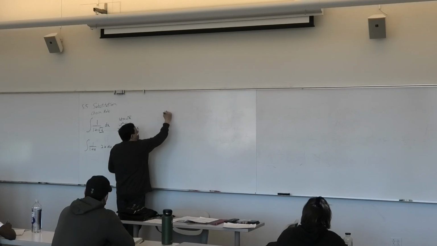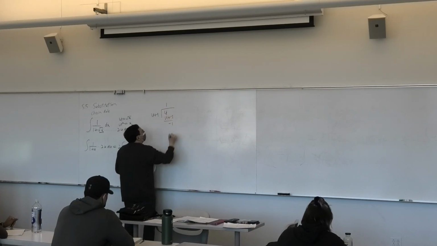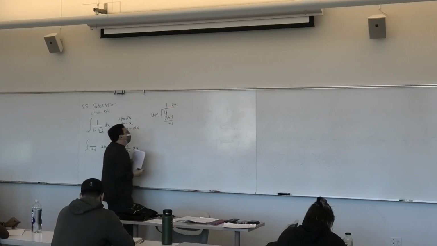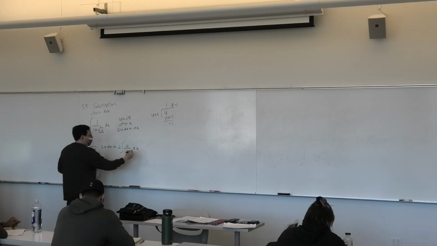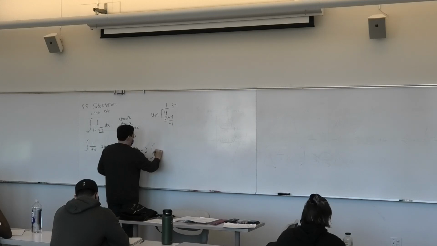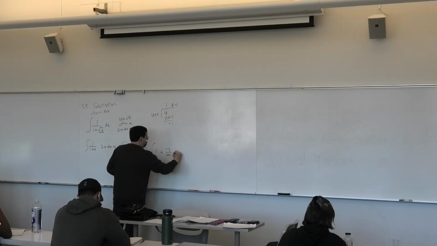I can take u divided by u plus 1, write it as u plus 1 minus 1, over u plus 1. So this becomes 2 times the integral of 1 plus minus 1 over u plus 1.